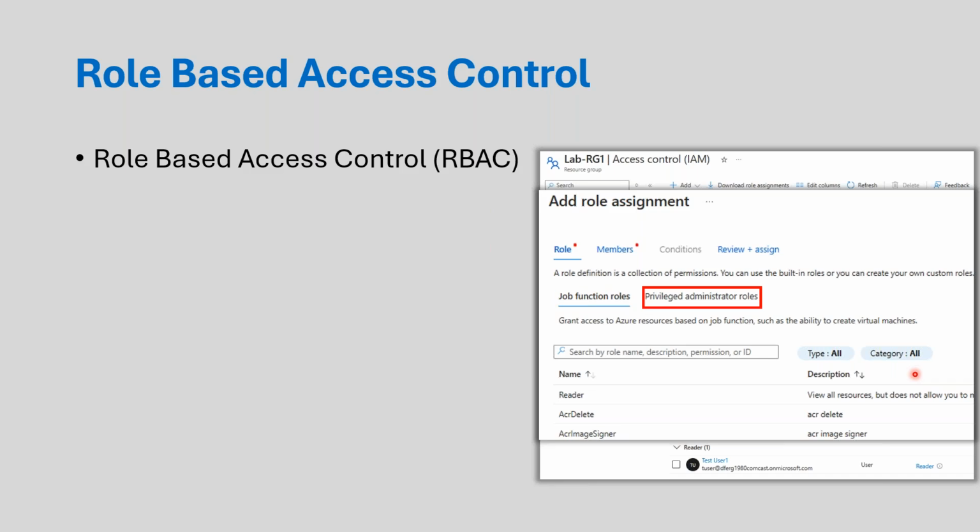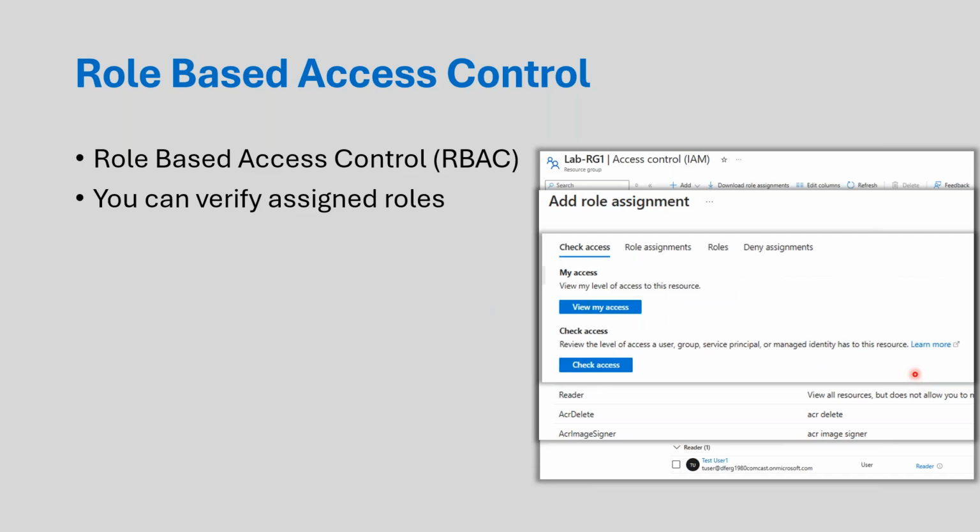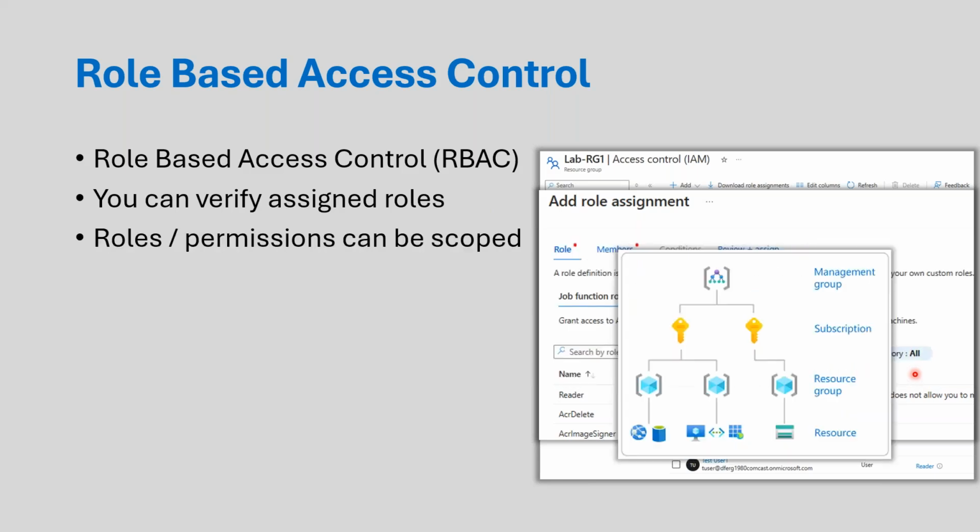Privileged administrative roles would be your owner, contributor, user access administrator, those kinds of things that would apply to everything within the scope of where this is being applied. All right. You can always view what access people have. You can check accesses. And of course, like I said, you've granted somebody some level of permission, contributor, for example. It depends on what scope you've granted it to.